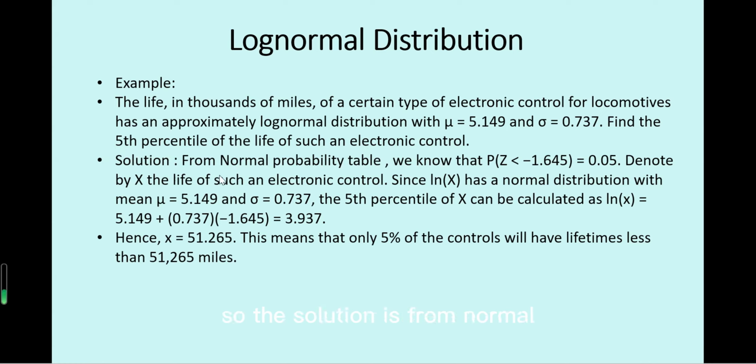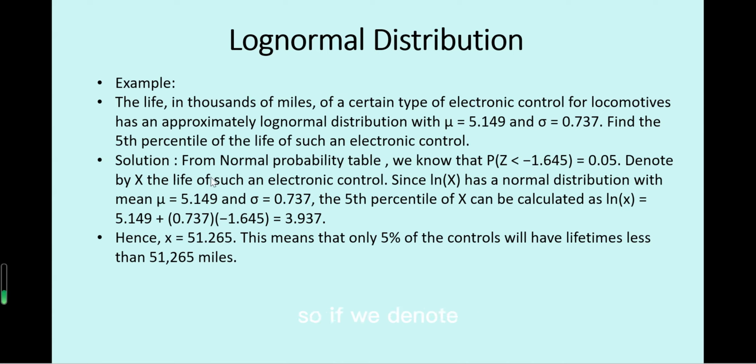The solution is, from the normal probability table, we know that the probability of Z less than minus 1.645 is 0.05. So we find the z value first for the normal distribution that gives the cumulative probability 0.05. This z value is minus 1.645.